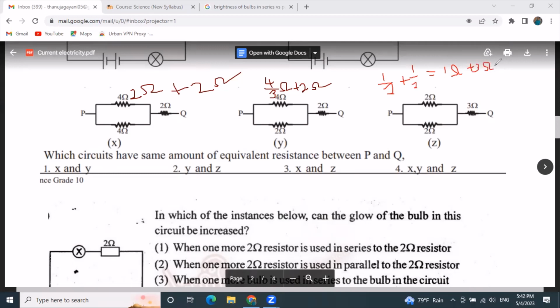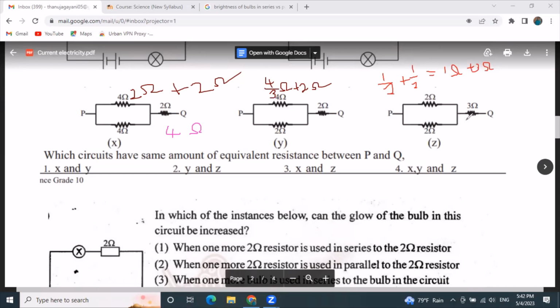4 ohm. So let's find the circuit with equivalent resistance here. 2 ohm plus 2 ohm when connected together in series method is 4 ohm. Here we don't know the answer. Here 1 ohm plus 3 ohm, that means here 3 plus 3.